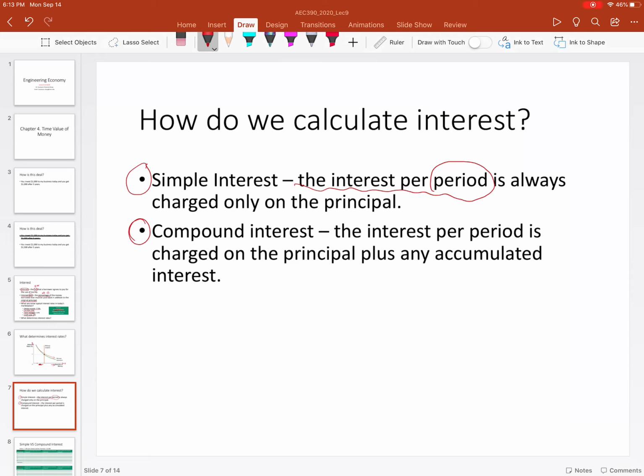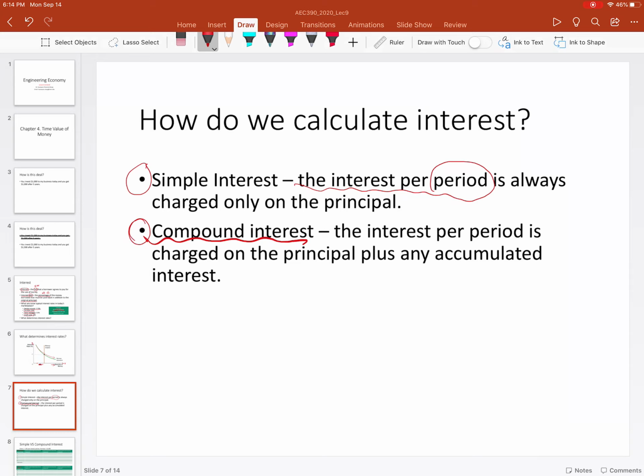Another type of interest is compound interest, which means the interest per period is charged on the principal plus any accumulated interest. So every time you calculate your interest, it's not just based on the initial amount you borrowed.